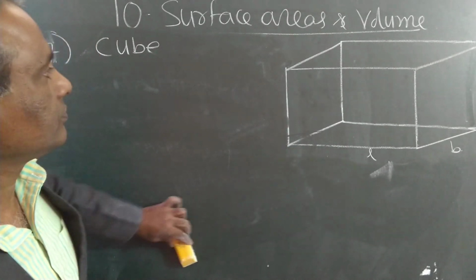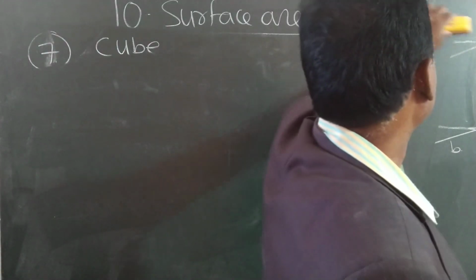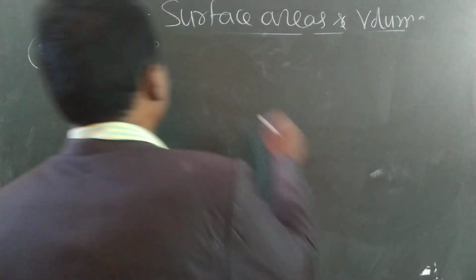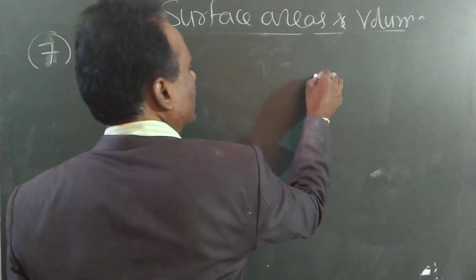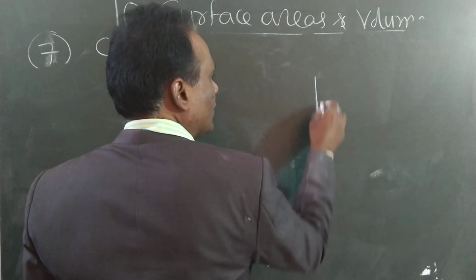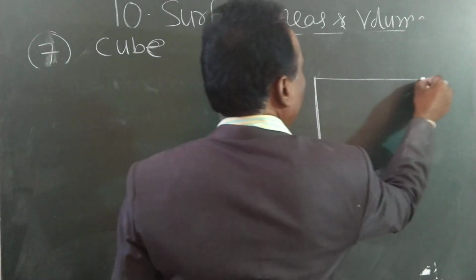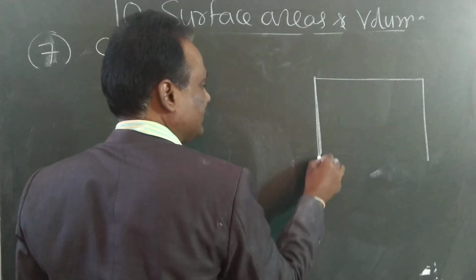See here. Next is cube. Cube and cuboid, the only difference is that a cube is a square type box. All sides are equal.